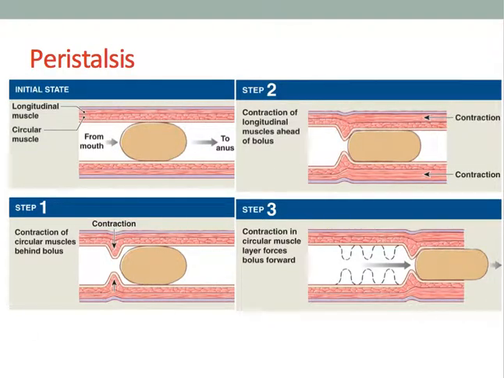And then the longitudinal muscles ahead of the bolus contract. So step one, contraction of the circular muscles behind the bolus. These muscles are contracting. And then the next step, the longitudinal muscles also contract. That process causes the muscles to move in a wave-like format, which pushes the food along as it goes. So that is peristalsis.